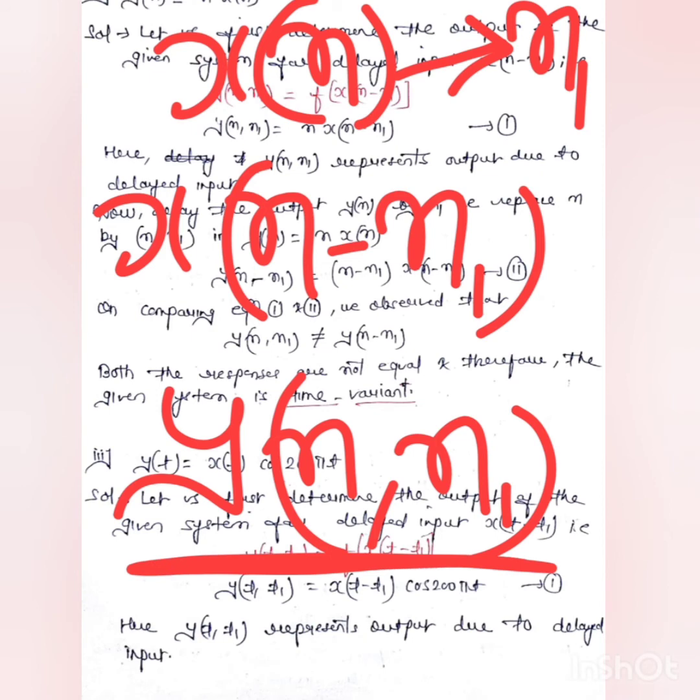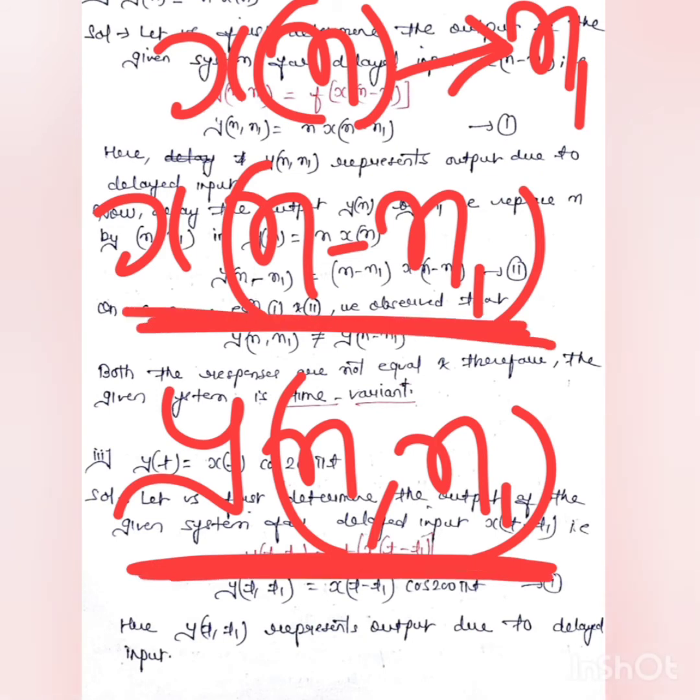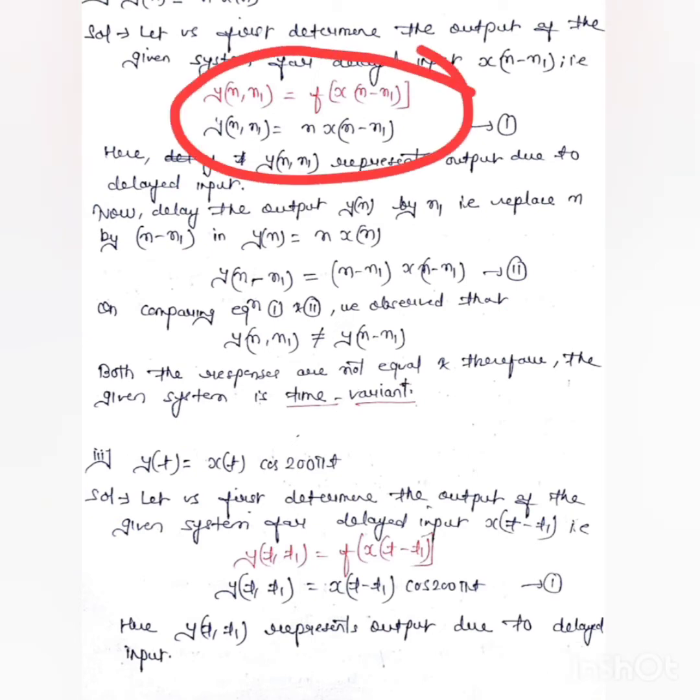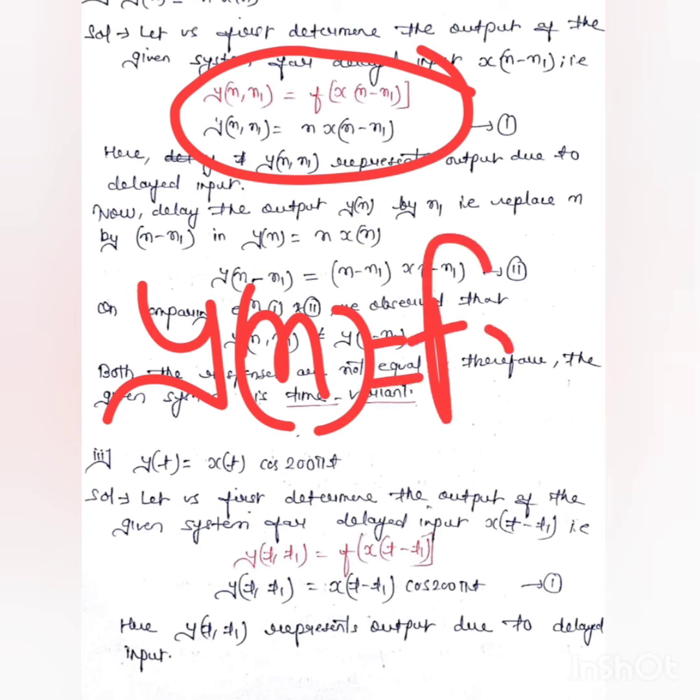We have the output expression like this, and the input expression like this. y of n comma n1 shows our output expression when the input is delayed by n1, and as you already know, y of n is a function of x of n.